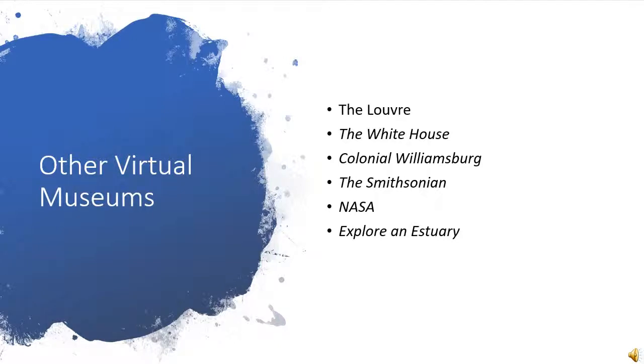The Smithsonian has anything from history, math, science, just an array of different subjects that could be implemented into a classroom. So as I continue to study to become a future educator, I will definitely remember that these virtual museums are out there and available for not only my students but also for me to explore.